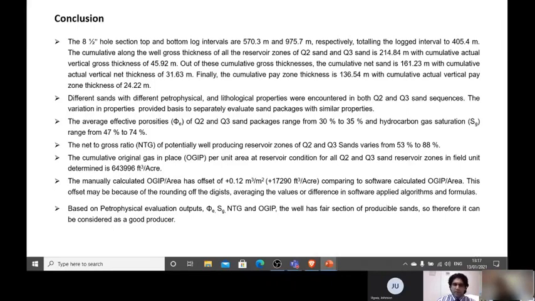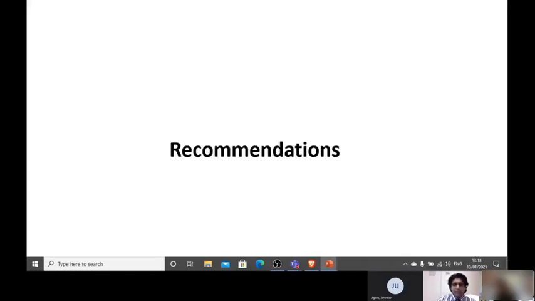This offset may be because of the rounding of the digits, averaging the values, or difference in software calculation algorithms and formulas applied in the software. Based on evaluation outputs of effective porosity, saturation of gas, net to gross ratio, and original gas in place, the well has fair section of producible sands, so therefore it can be considered as a good producer.